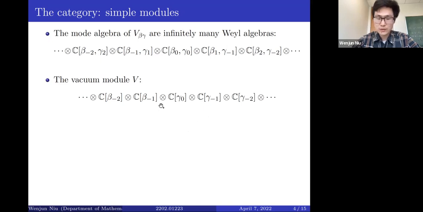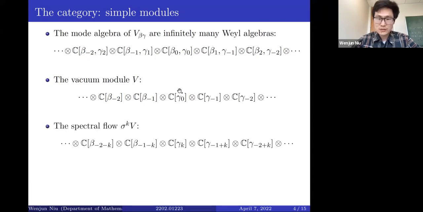When we choose this to be the vacuum, in the convention we work in, the conformal weight of gamma is 0 and beta is 1. Of course there is a symmetry, because you have infinitely many Weyl algebras and you really can't distinguish them.